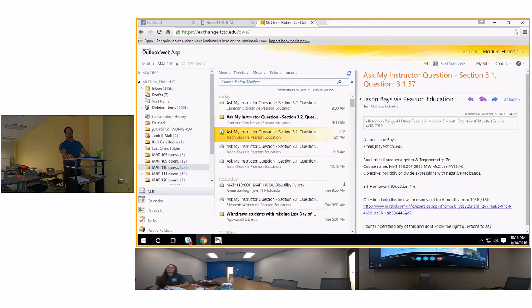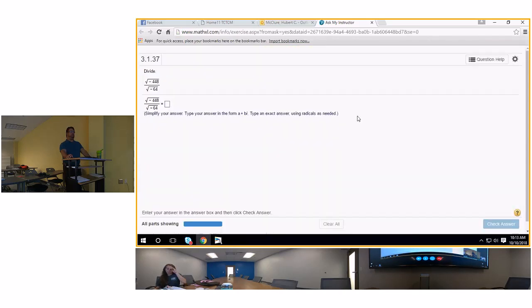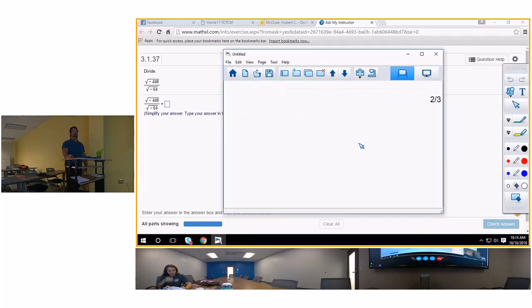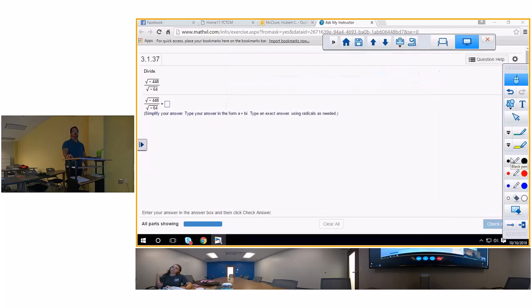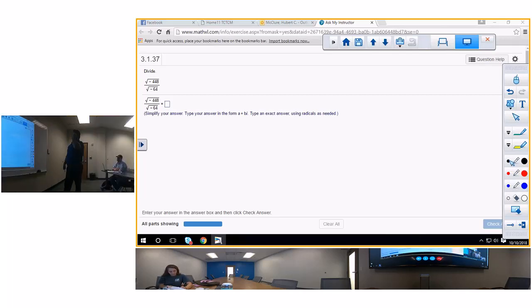3.1, 37/6. Okay, got a radical in the what? In the denominator, so you need to fix it. Radical in the denominator, so you got to multiply by, well, in this case, the square root. Now, there's a problem here because, well, it doesn't matter because you're going to get rid of the radical.